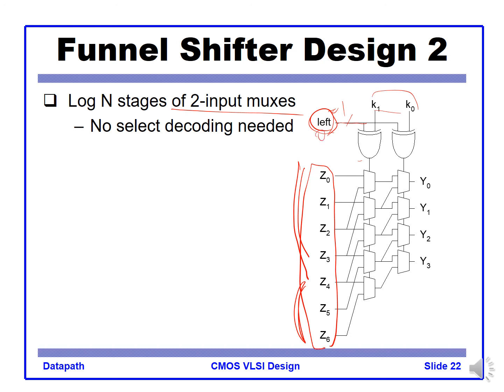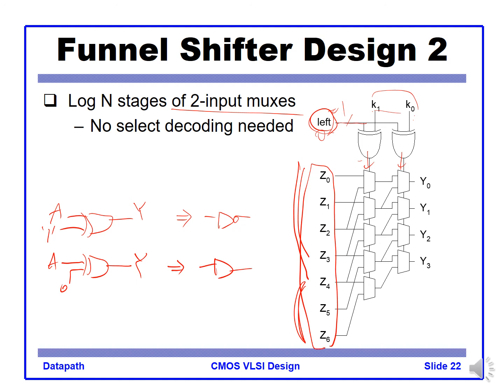If the left is 0, then we pass K1 and K0 as they are, right? This property of exclusive OR is quite interesting, right? If the control is 1, it is the same as inversion. If the control bit is 0, then this is equivalent to just a buffer, just passing A to the output. So we use this property to make the decoder signal.